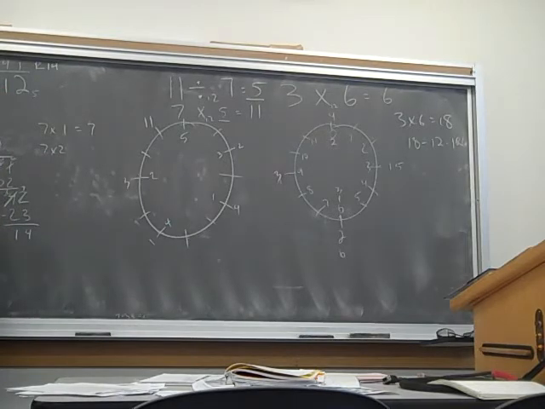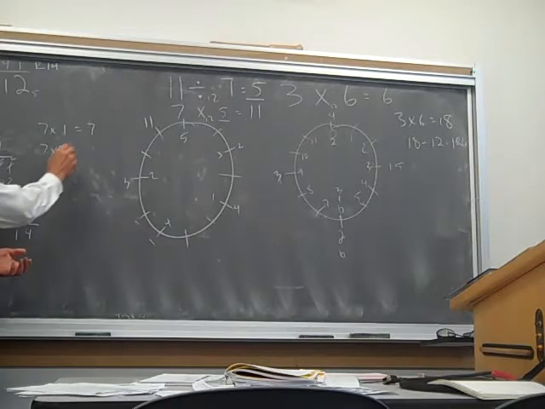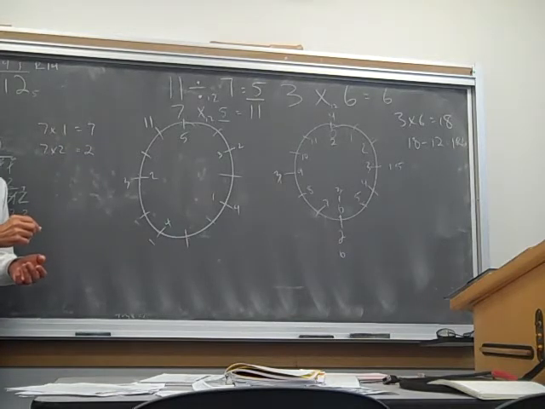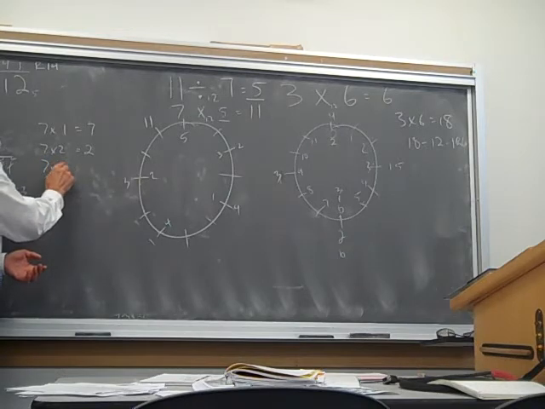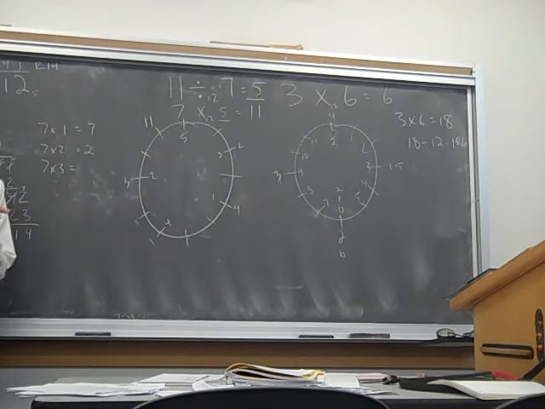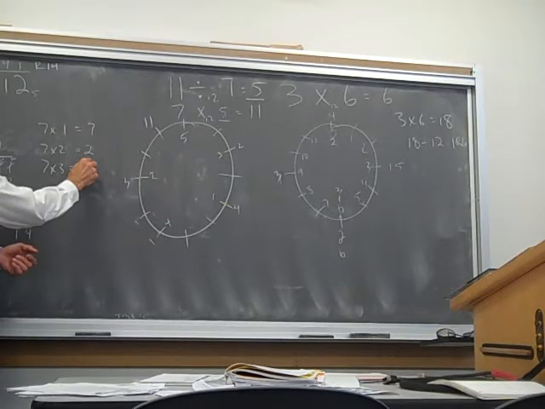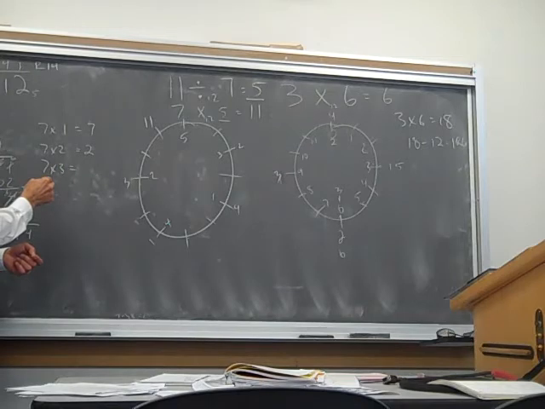If I divide by 12 and then write the remainder, it's 2. You with me? 7 times 3 is 21. Divide by 12. I get a remainder of... 21 divided by 12. What's the remainder?